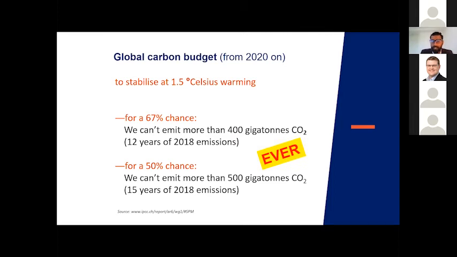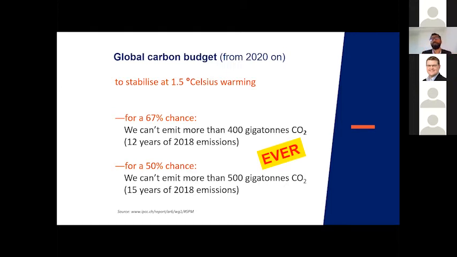For a 50% chance, so we lower the probability, then we can emit a bit more. But in terms of 2018 emissions, that's the amount of emissions globally that we emitted in the year 2018, for a 67% chance of limiting warming to 1.5 degrees, we only have 12 years of 2018 emissions left.